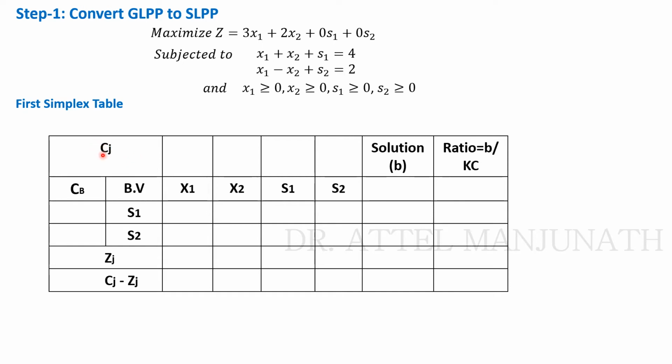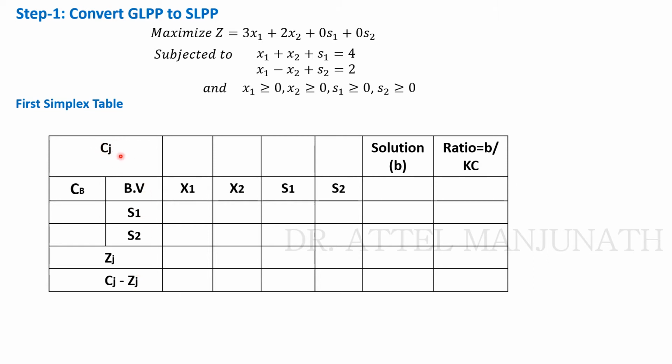This is the Cj, where you write the objective function coefficients, and this is the current basic variable, and these are the variables x1, x2, s1, s2, where s1 and s2 are the slack variables you have taken, and this is the solution, the ratio, Zj, Cj minus Zj. We'll see how to calculate all these values.